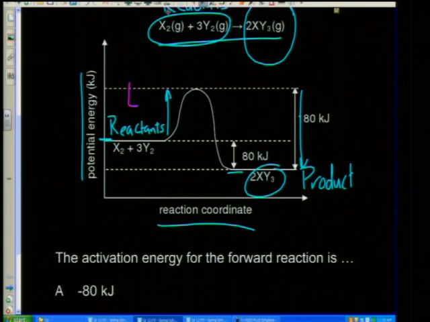It's called the activation energy. We also know that that point there is known as the activation complex. So this is where the reactants meet together and they form an unstable intermediate, which can then fall apart to form the reactants again, or it can produce the products.